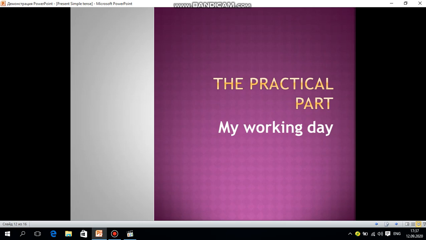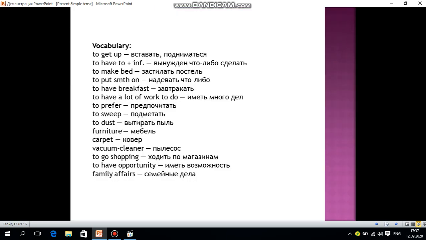Before reading the text, look and read the new words from the text. To get up. To have to plus infinitive. To make bed. To put something on. To have breakfast. To have a lot of work to do.